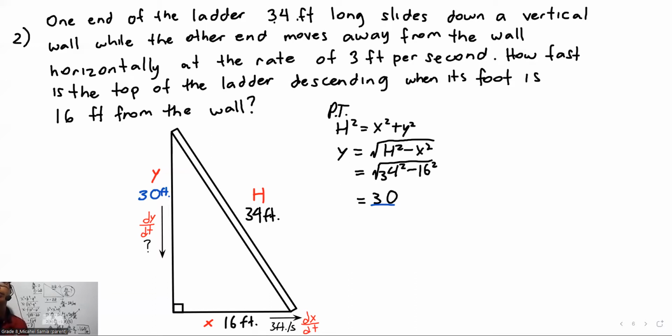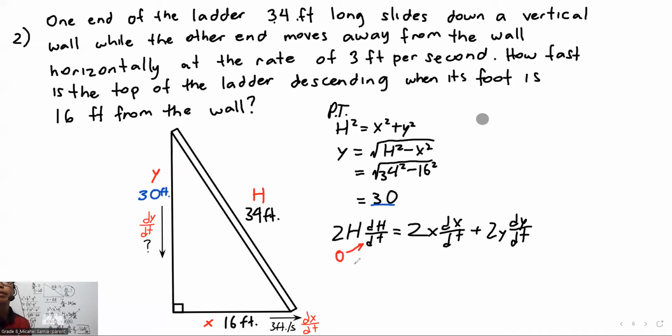Differentiating this formula, I'll just prepare. Since h is constant, dh/dt is 0.